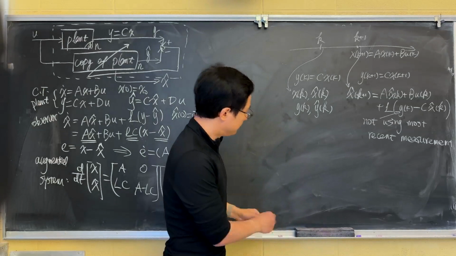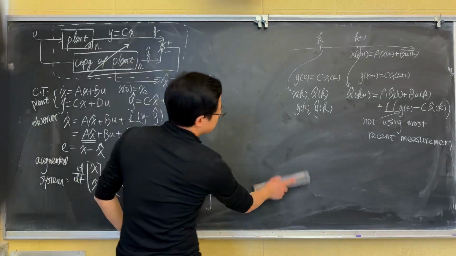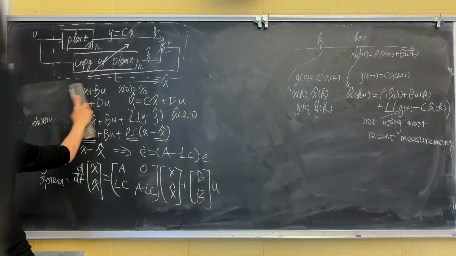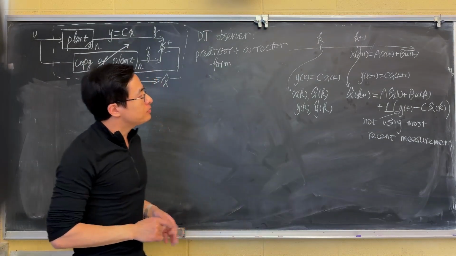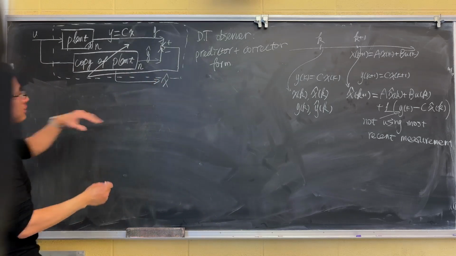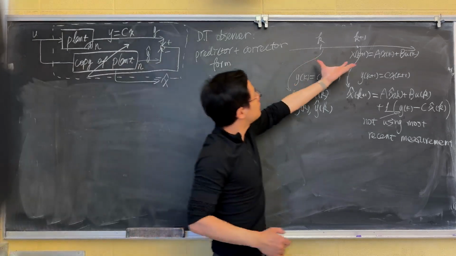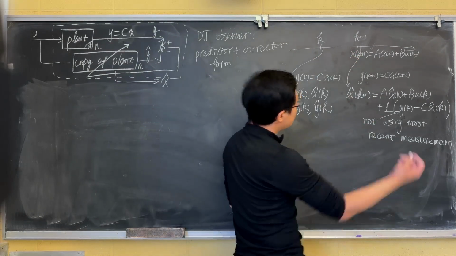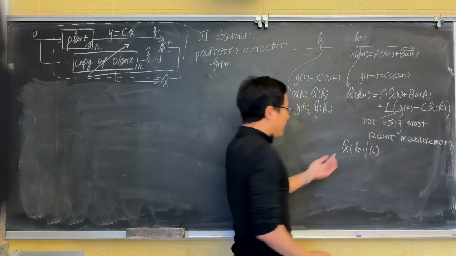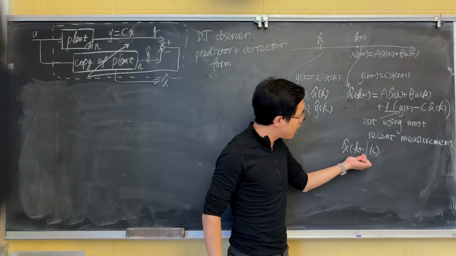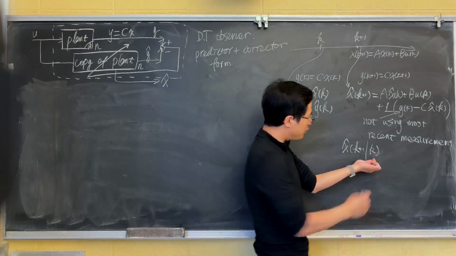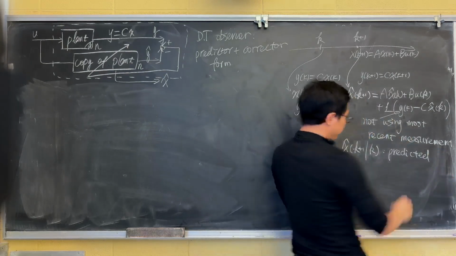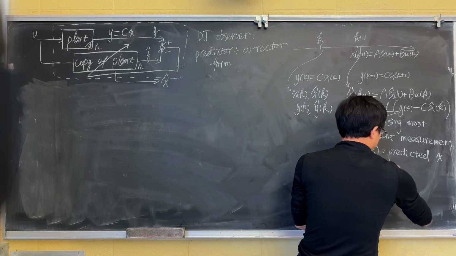And to do that, we're gonna introduce some terminology to make things a little bit more convenient. Let's see how we can do better. We're gonna introduce some concept. Because of this minor detail in this time index, we're gonna introduce x hat k plus 1 slash k to indicate the predicted state at k plus 1.